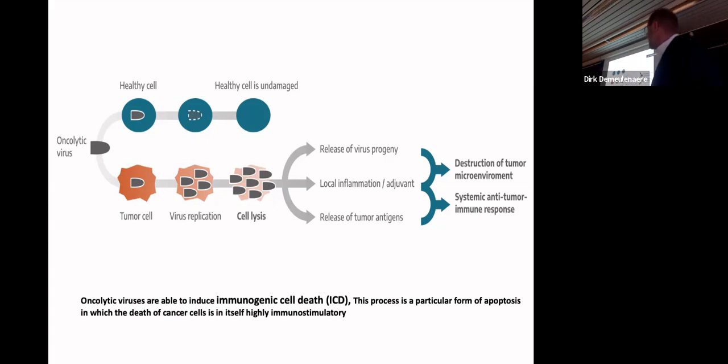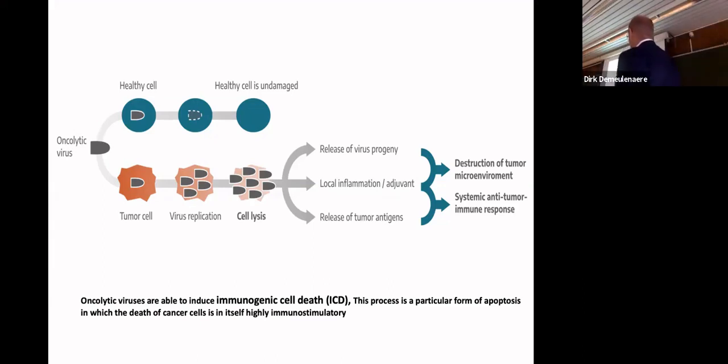The first is, of course, this safety measure. You need to have a virus that discriminates healthy cells from tumor cells and acts only on the tumor cells. When replicating in these cells, it will lyse the cells, which will release the virions. And again, you can think about an amplification phenomenon.